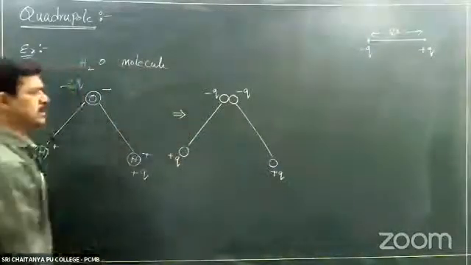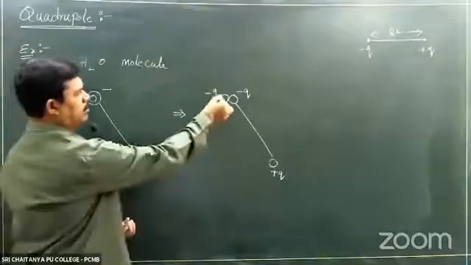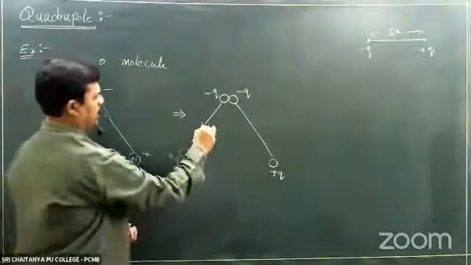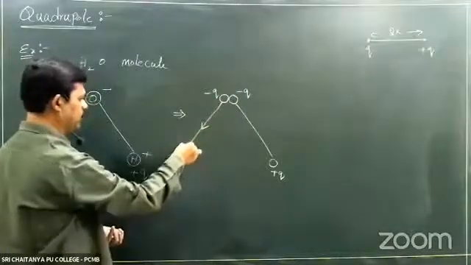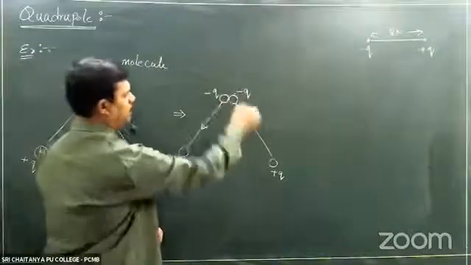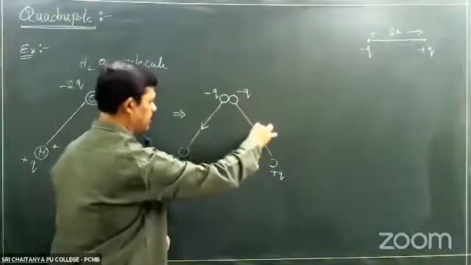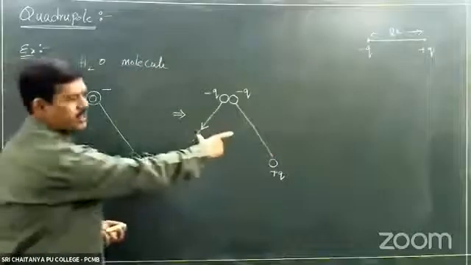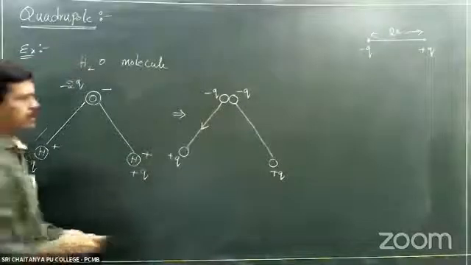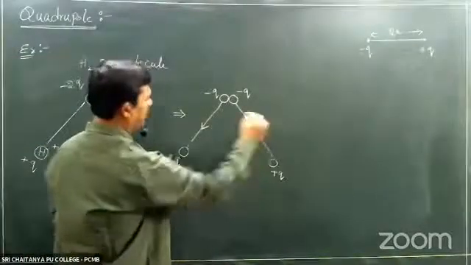See, minus q to plus q. This is a dipole now. This is one dipole, minus q plus q. This is another dipole. So this is just like a combination of two dipoles of the same dipole moment.